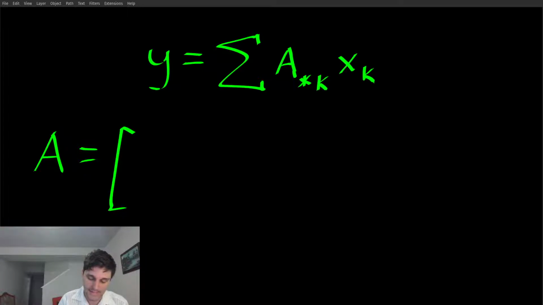Imagine that I think of this thing as a set of columns, a_1 through a_n, right?